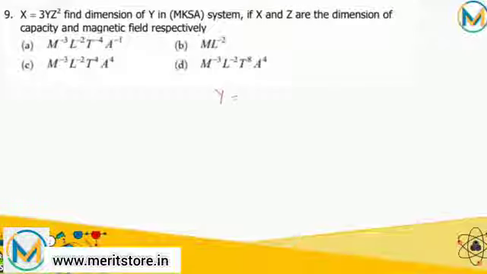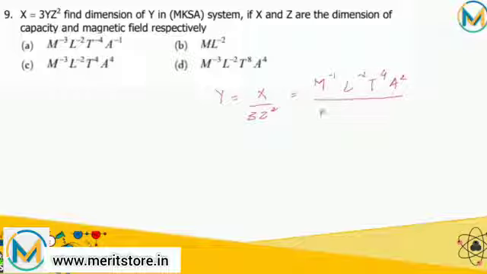So we know that y = x / (3 z^2), which is equal to M^-1 L^-2 T^4 A^2, the whole upon (M T^-2 A^-1) the whole squared. And it comes out to be M^-3 L^-2 T^8 A^4. So the correct answer for this question is option D.